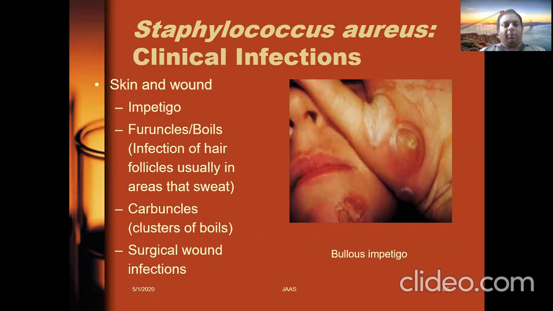If they act as carbuncles, it's a cluster of boils. A single one is a furuncle or boil; it's one infected hair follicle. If it is multiple and they coalesce together, it is termed carbuncle. It is also called surgical wound infection as well.